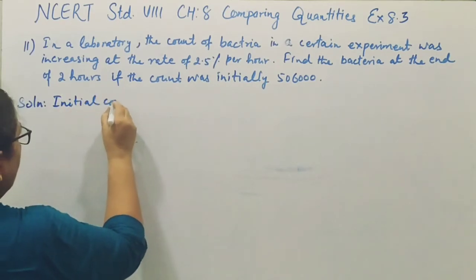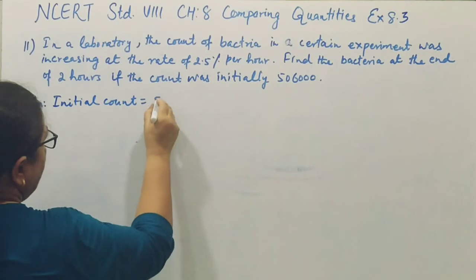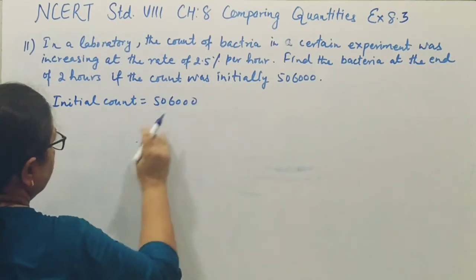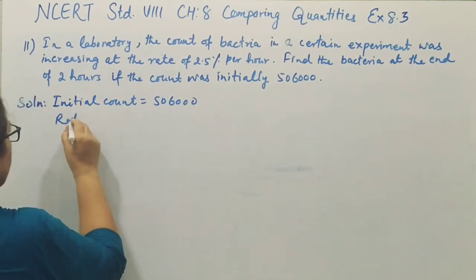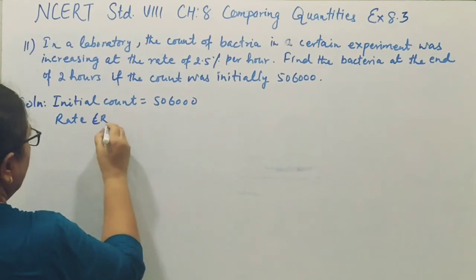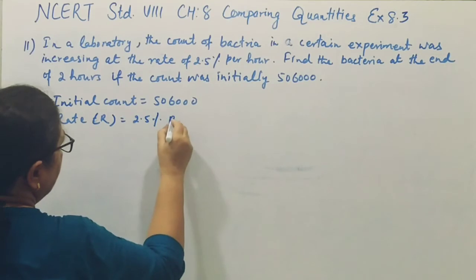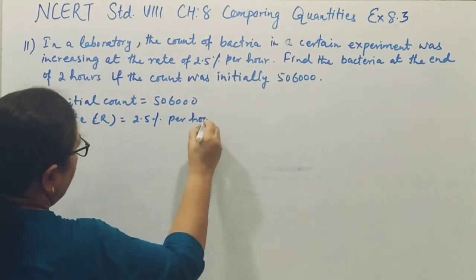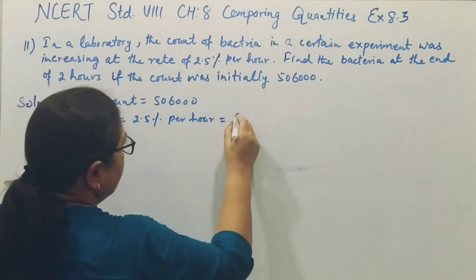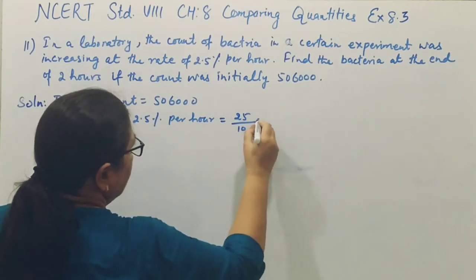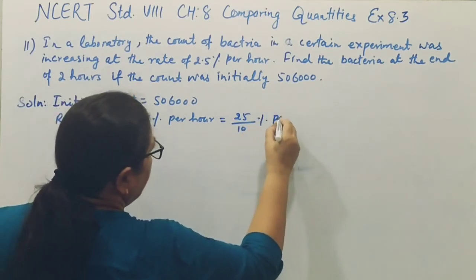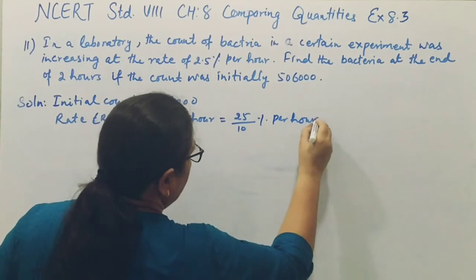Initial count 5,06,000. Rate 2.5% per hour. That is 25 upon 10% per hour.